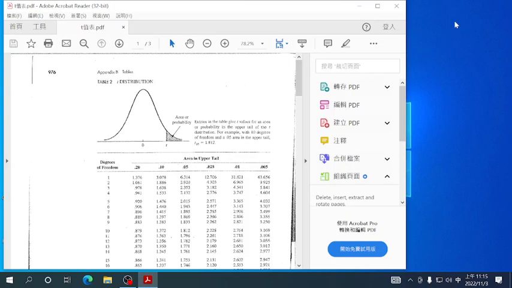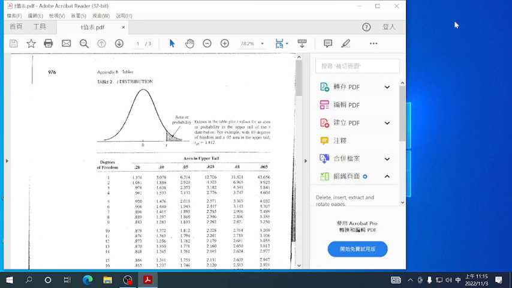If I change my degrees of freedom from 20 to 30, what's the critical value change? Is it getting smaller or bigger? Getting smaller, right?